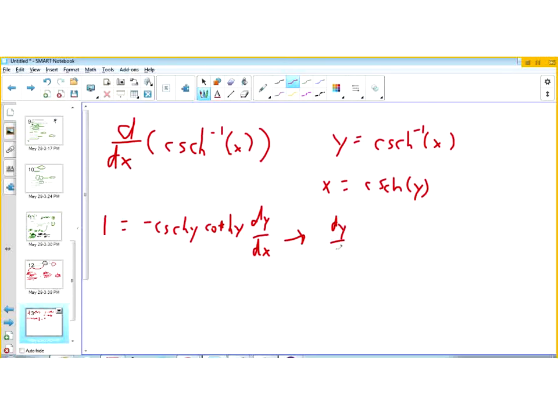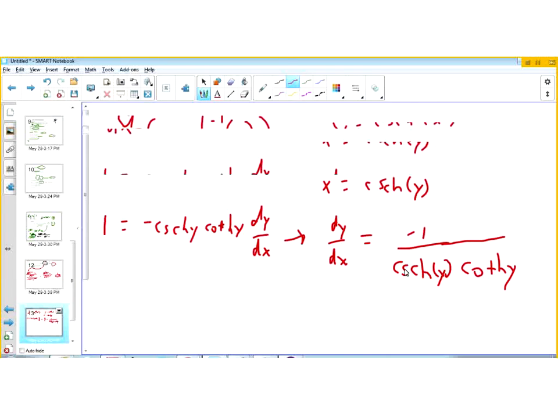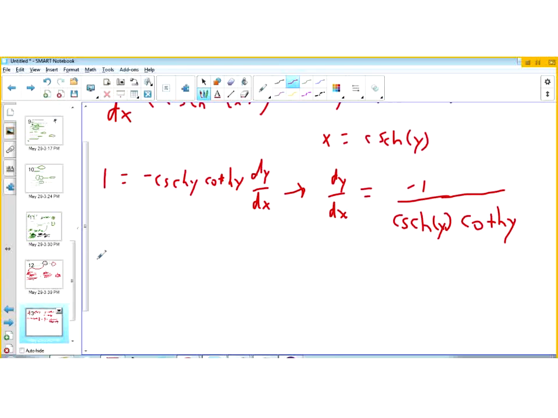So we have dy over dx is equal to -1 over csch of y times the hyperbolic cotangent of y.